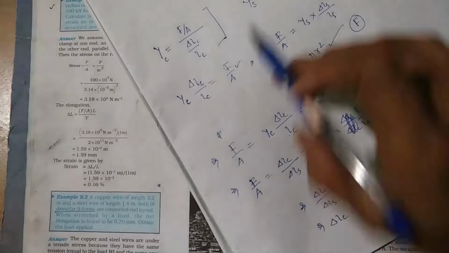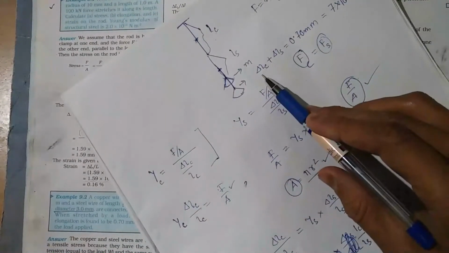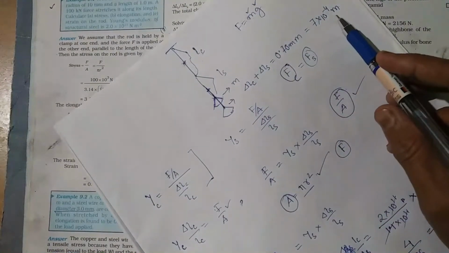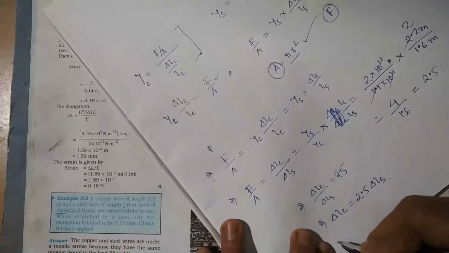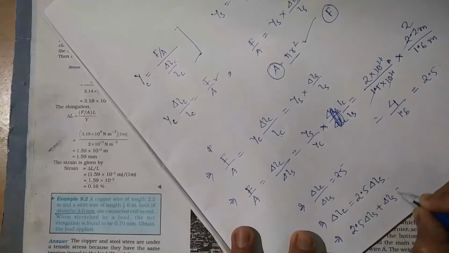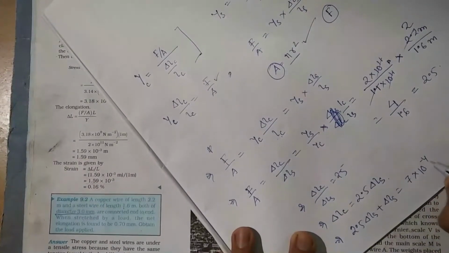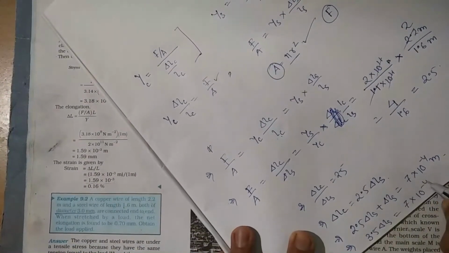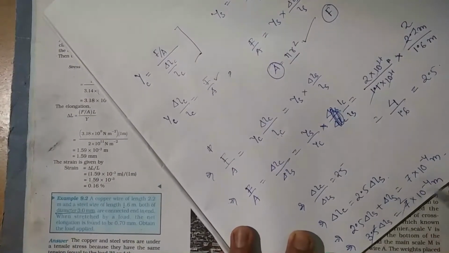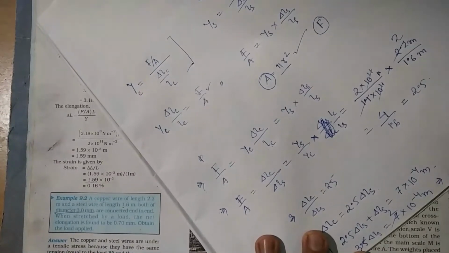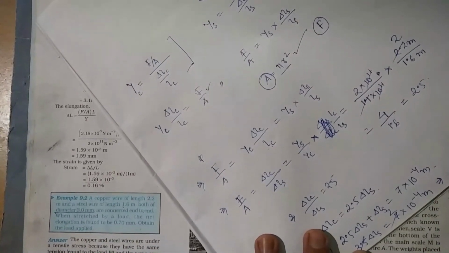Okay, the net elongation that we have already written, del L of S plus del L of C is equal to 7 into 10 to the power minus 4, or we can write this as 2.5 del L of S plus del L of S is equal to 7 into 10 to the power minus 4 meter, or 3.5 del L of S is equal to 7 into 10 to the power minus 4 meter, or we can cancel this, and del L of S is equal to 2 into 10 to the power minus 4 meter.